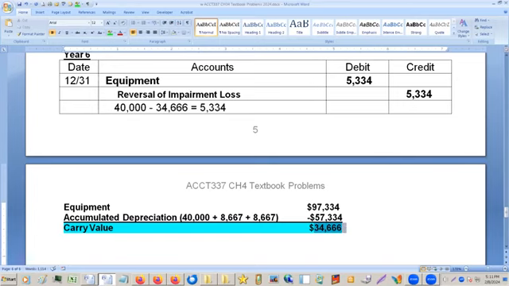That means there's $40,000 left to depreciate, and this is going to be over 4 years. And you get the idea. We're back to the 10,000 a year, like it never happened, for the depreciation expense for the next 4 remaining years.